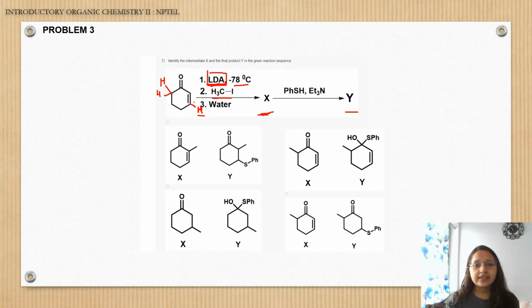See, if this base will abstract this proton and this carbanion is getting generated, it will be localized by the system. Just tell me, is it in resonance with this double bond or this carbonyl, any of these? No, ma'am. Is it stabilized at this particular electronegative center?